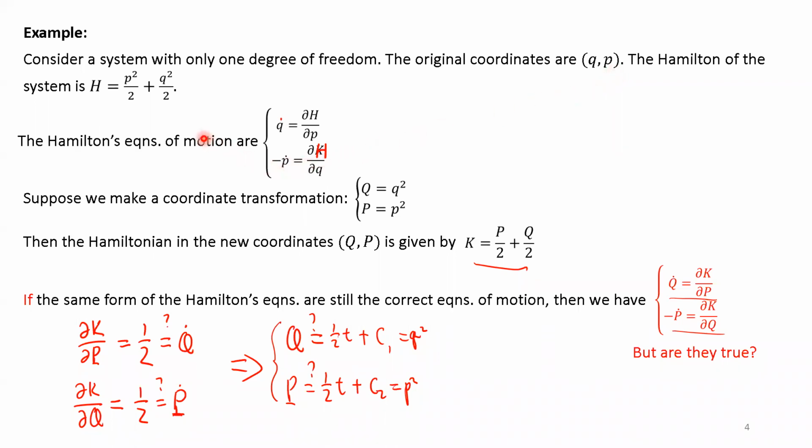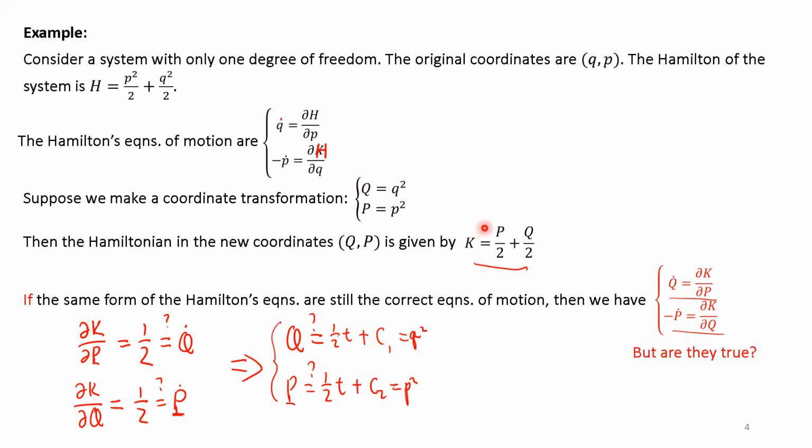And last time I showed you this example with the simple harmonic oscillator. I start with this Hamiltonian, and then I make this transformation. I still call it a coordinate transformation, but you remember that this changes not just the spatial coordinate, but also the momentum coordinate. I made this transformation, and the Hamiltonian becomes this form.